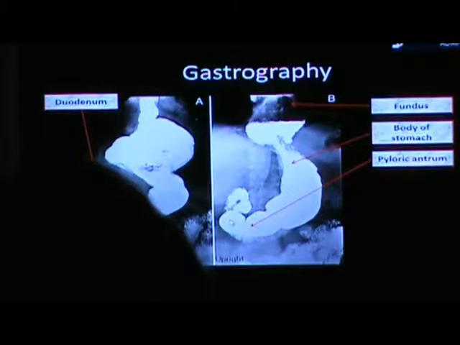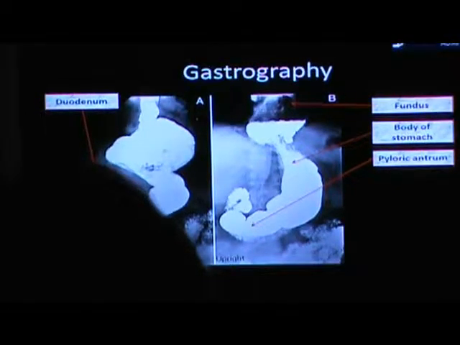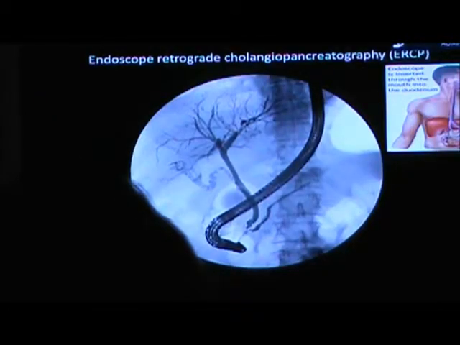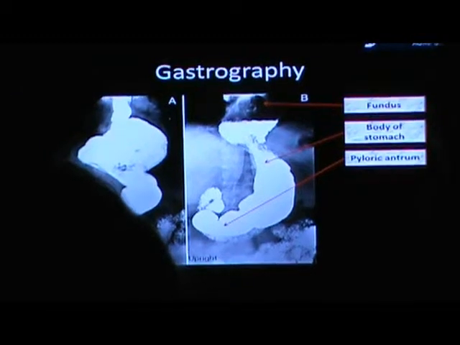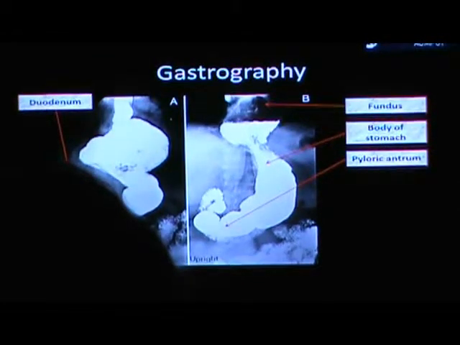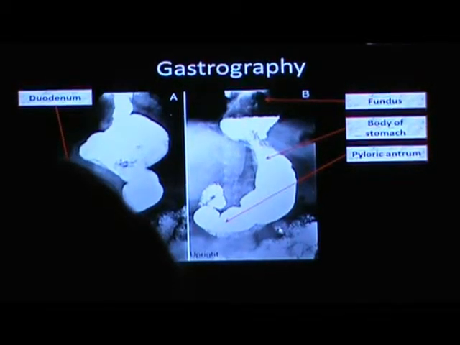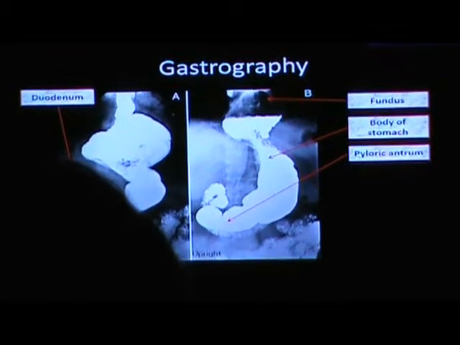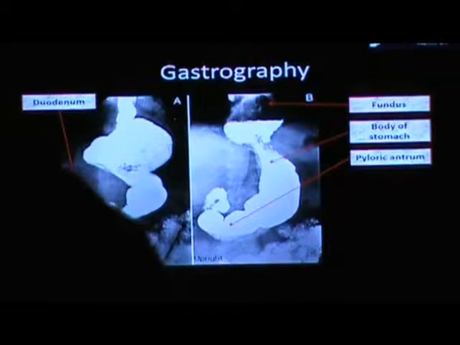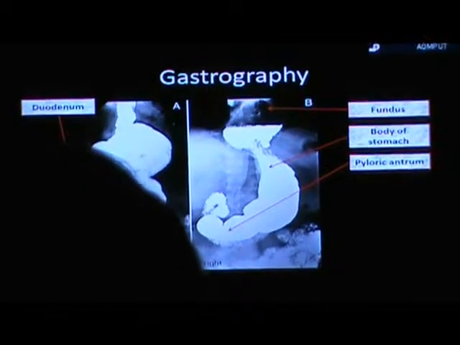It moved inferiorly, but the fixed extraperitoneal part of the duodenum, of course, doesn't move. So we have a descending, inferior, and ascending part of the duodenum here. And this is the jejunum already.